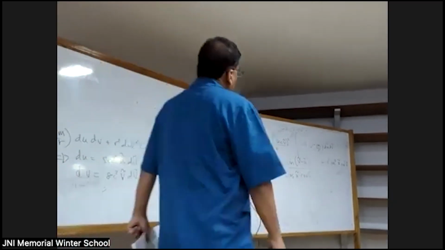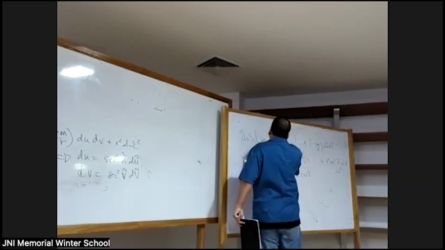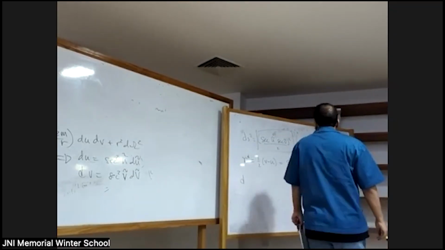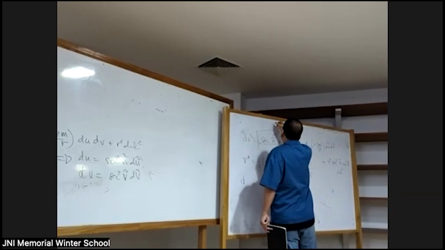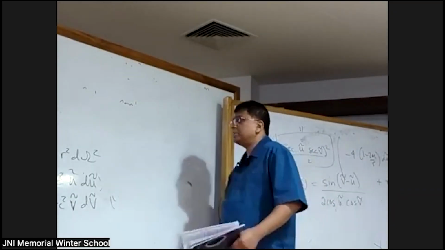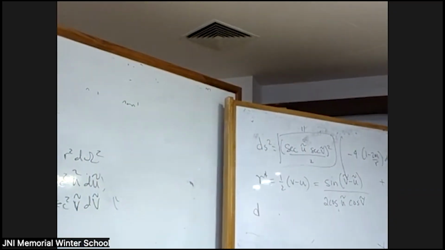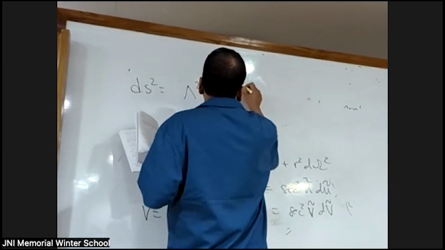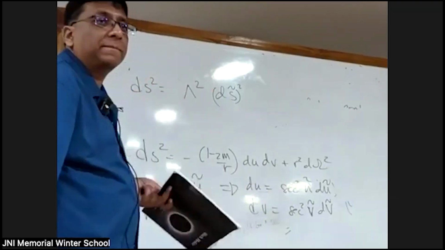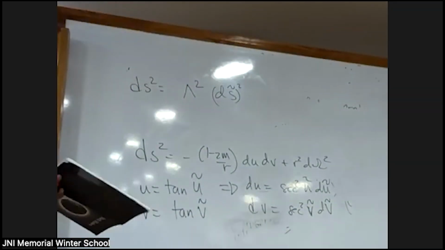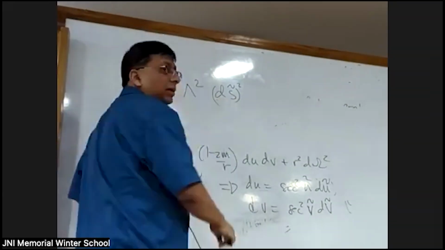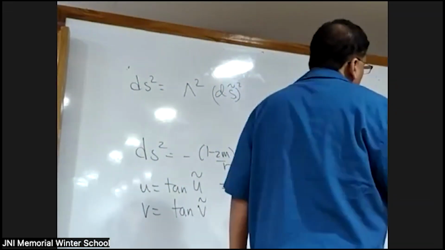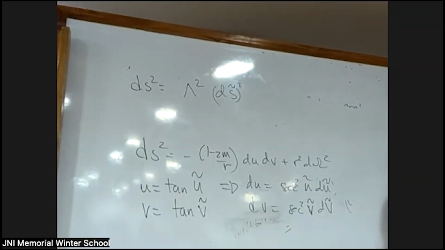Well, notice I have here a common factor. I pulled this whole thing out. This is what I will call my conformal factor, so this is equal to lambda squared times some ds tilde squared. So this is like a rescaler, but it depends on position.